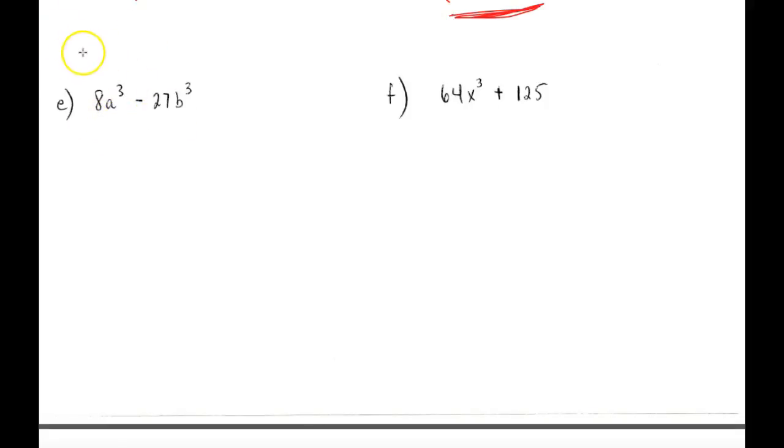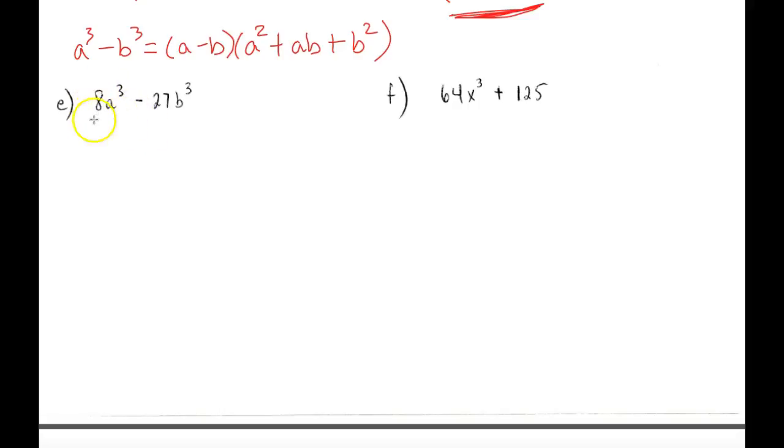So in this case here, this looks like we're going to be using the difference of two cubes. Okay, so if we do this, this will look like a minus b times a squared plus ab plus b squared. Okay, and we're going to see if we can actually get this to fit.